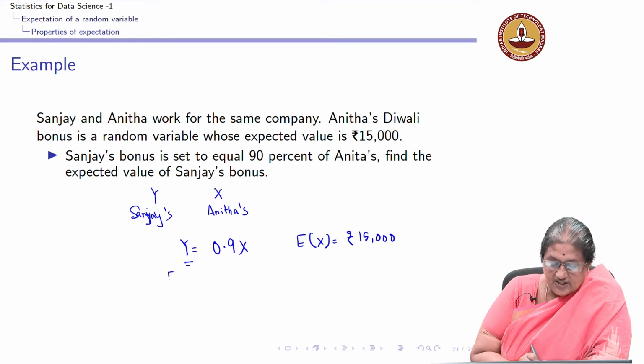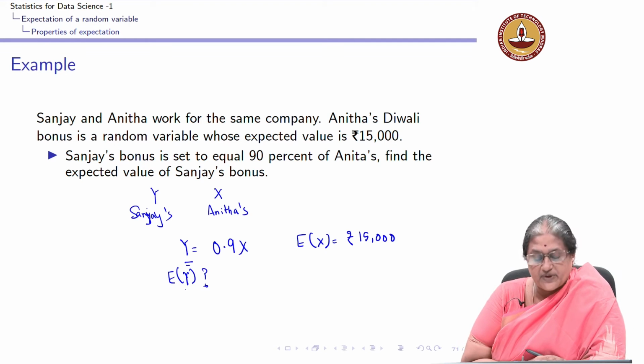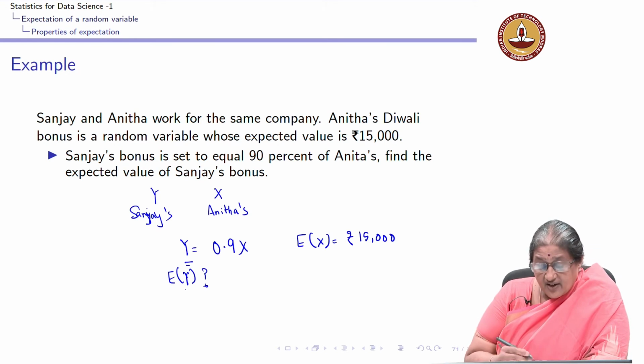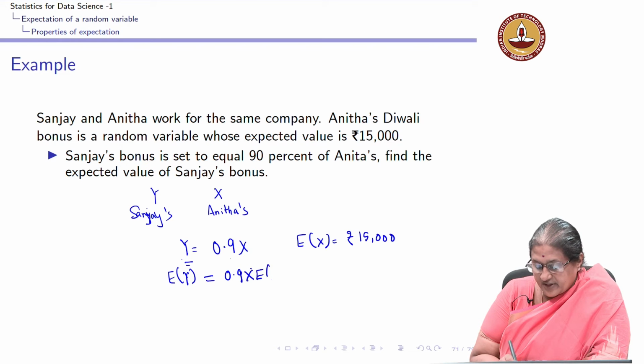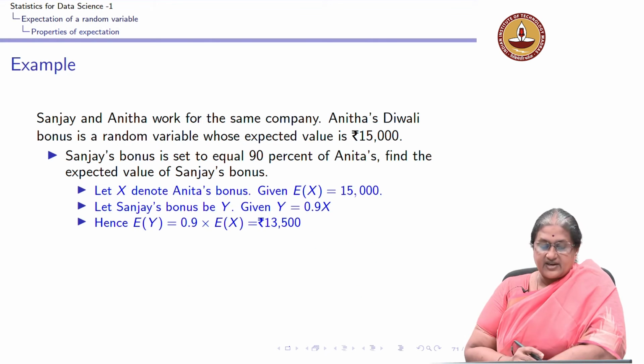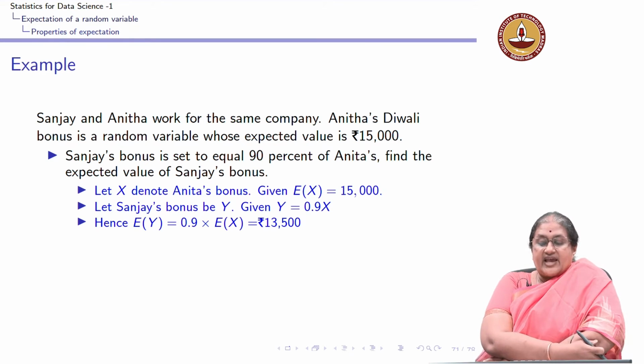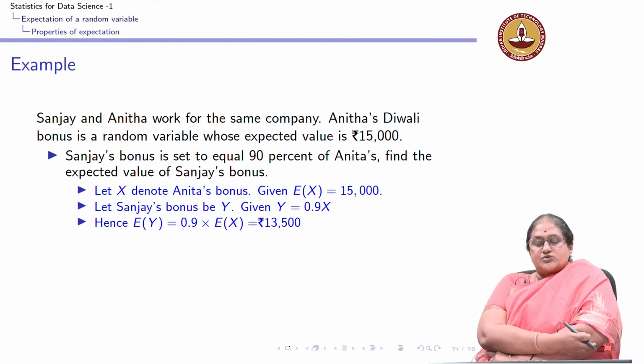So, the question is what is the expected value of Sanjay's bonus, that is expectation of y. From our earlier result, I know that if y is 0.9x, then expected value of y is 0.9 times expected value of x, which is 0.9 times 15,000 rupees, which is 13,500 rupees.